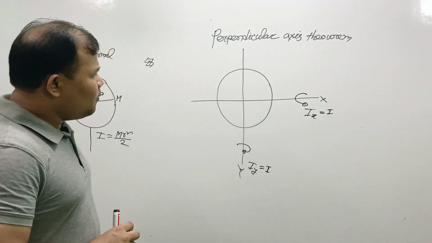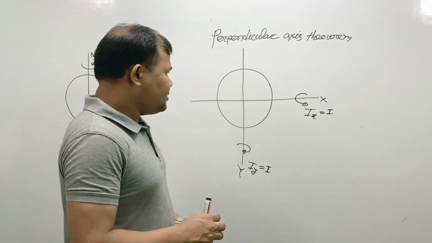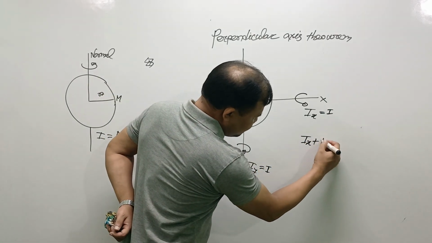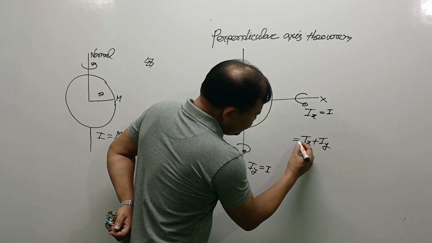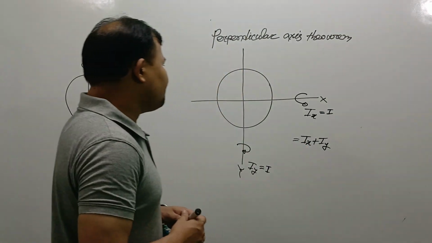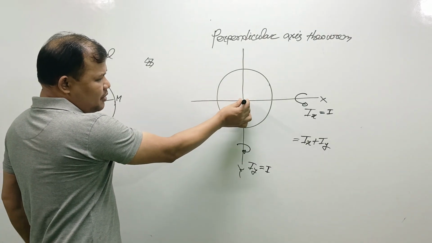Okay, now as these two axes are perpendicular to each other, if we sum the moment of inertia about x plus the moment of inertia about y, then we get another perpendicular axis. Which is the other perpendicular axis? My pen, this marker, represents this perpendicular axis.